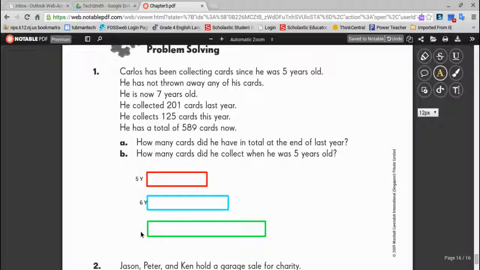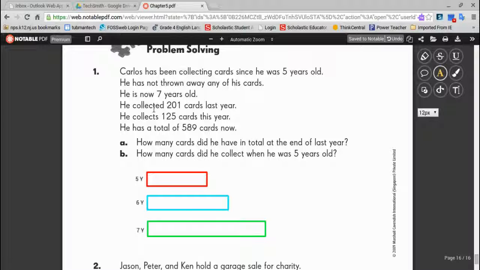And here I'm going to put 7y for 7 years old. Okay, let's slide this over just a little bit, and slide this over just a little bit as well.